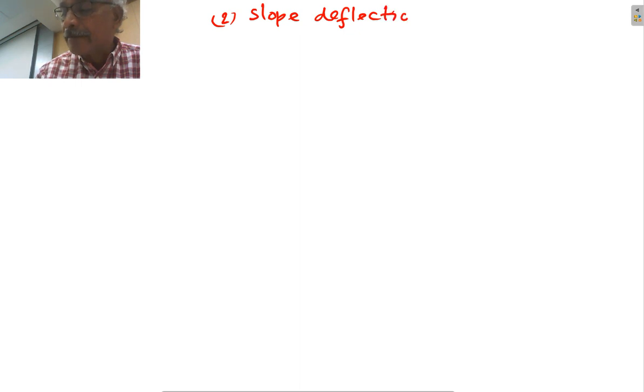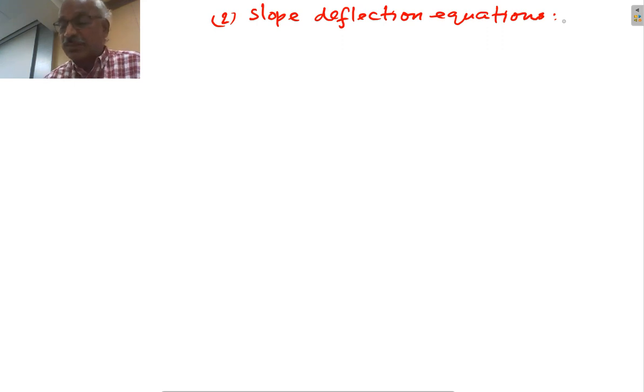Next step is the slope deflection equations. Second step, we have slope deflection equations.